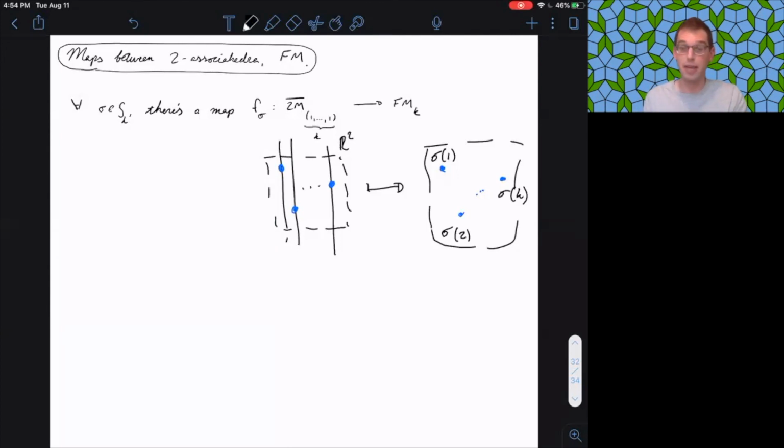And that turns out to still make sense. That turns out to extend to the whole compactified configuration space.